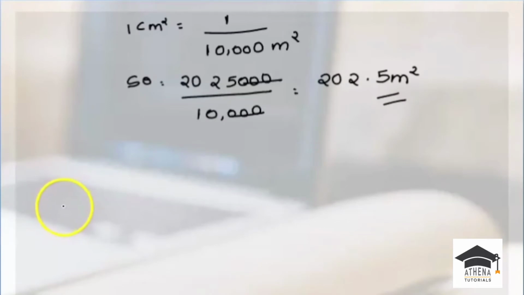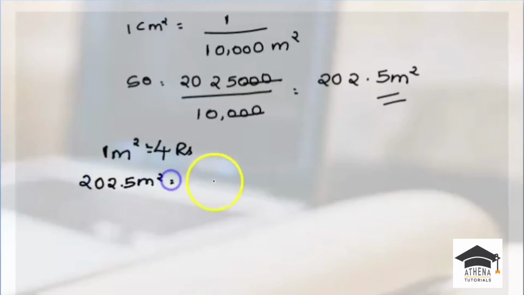Now let's find the total cost. So we got to know they have given that 1 meter square is equal to 4 rupees, right? So 202.5 meters square will be how much? So instead of question mark, I'll mark it as X. Let's do the cross multiplication.